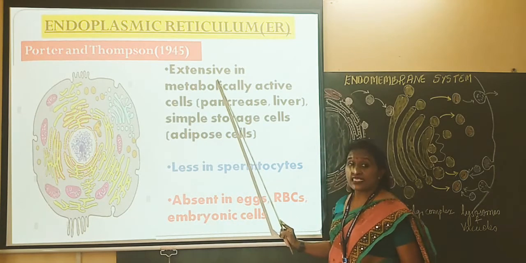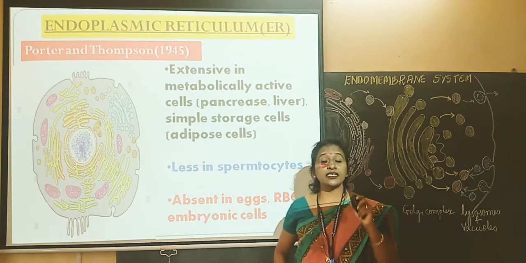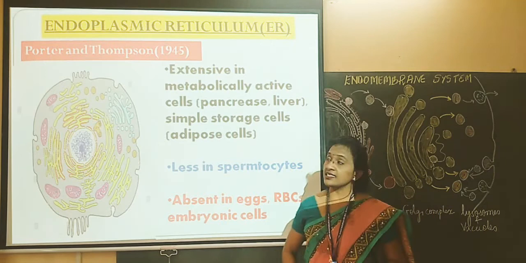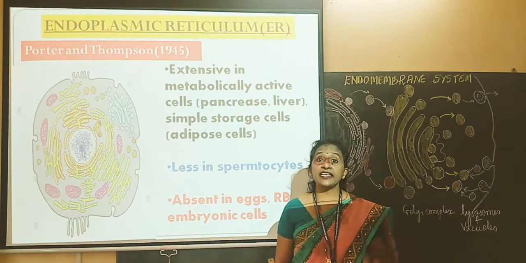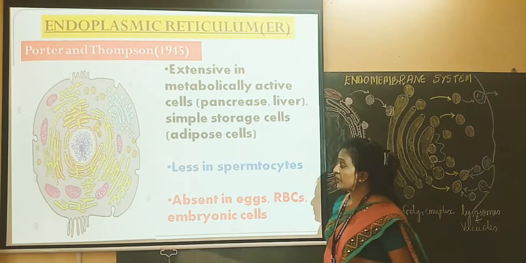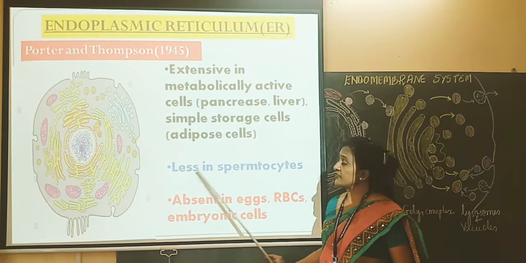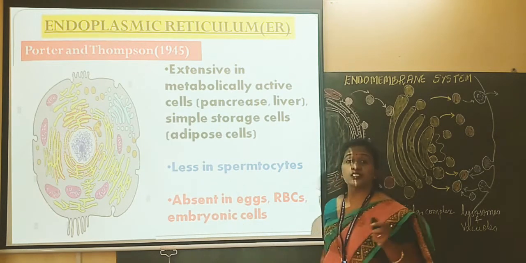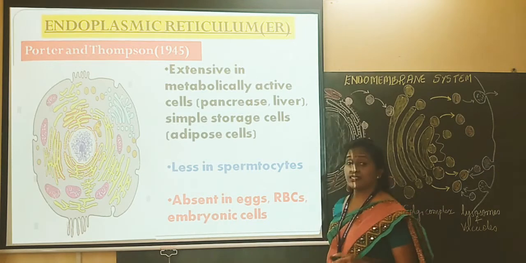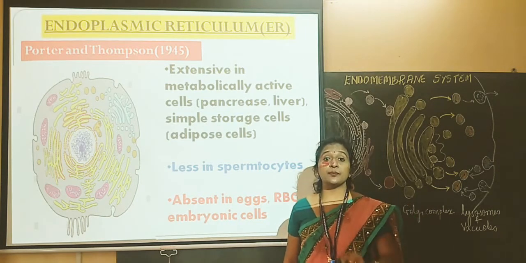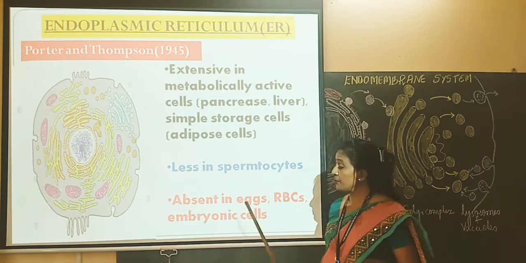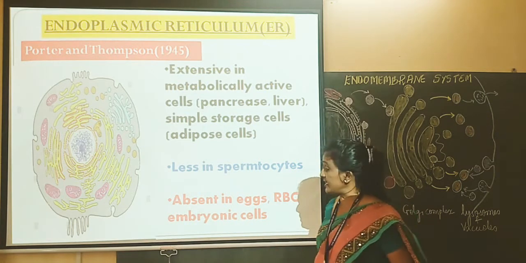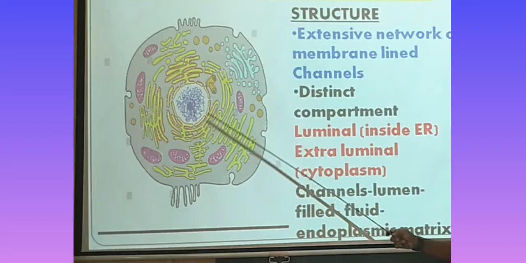It is extensive and metabolically active in certain cells, for example in the pancreas, liver or adipose cells. But the organelles are fewer in number in the spermatocyte, and endoplasmic reticulum is completely absent in some cells such as egg cells, mature RBCs and embryonic cells.